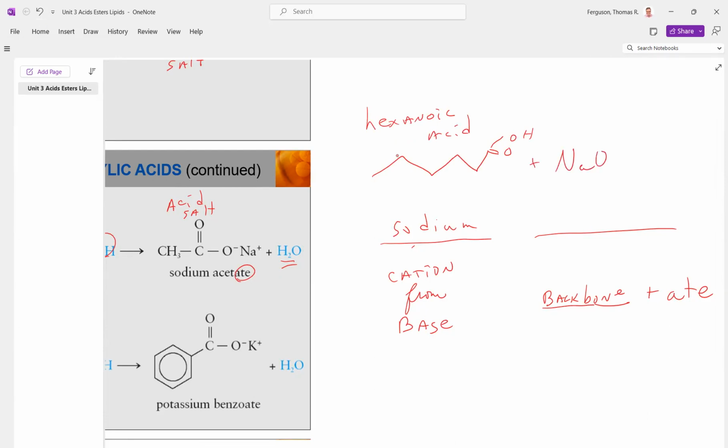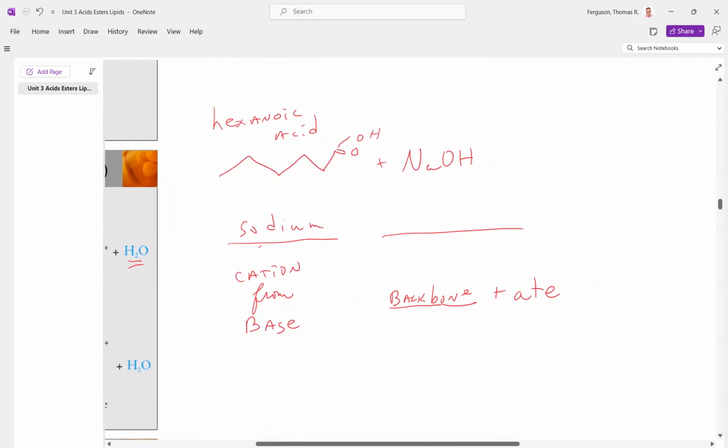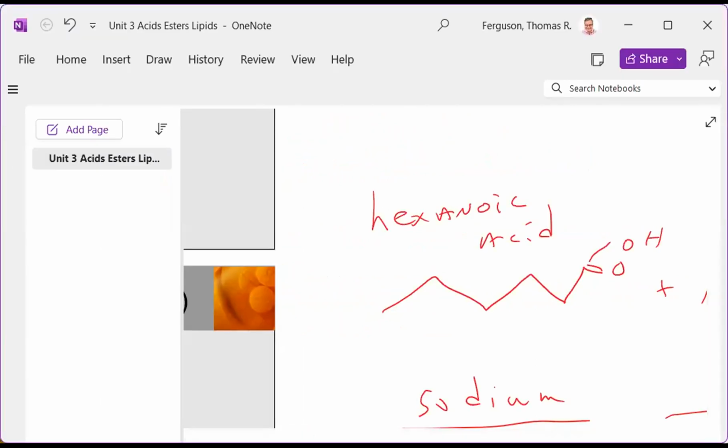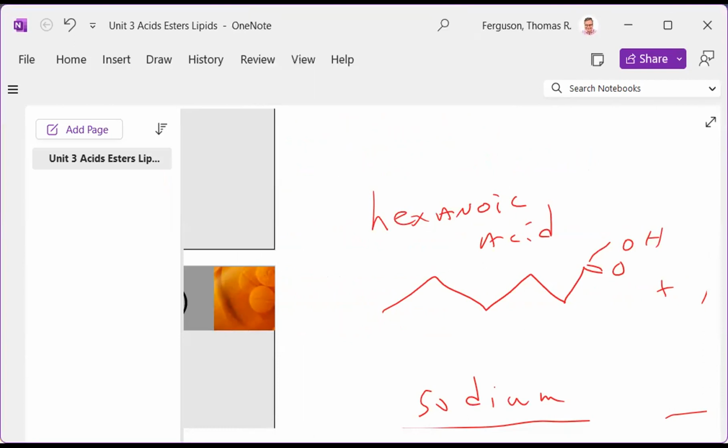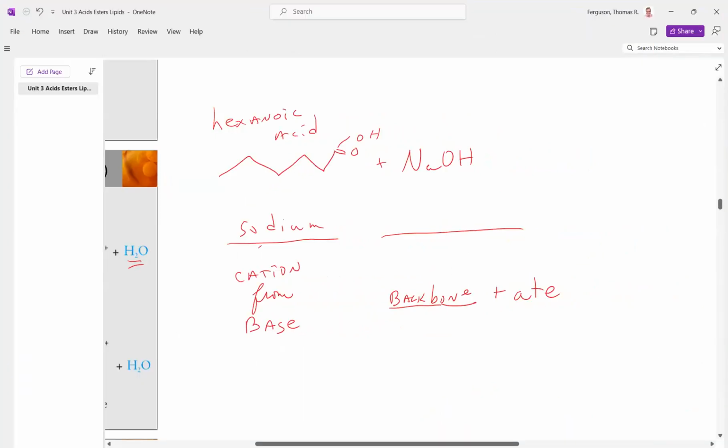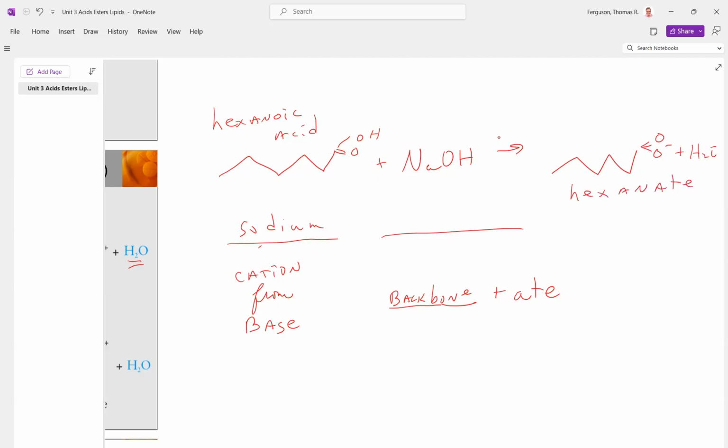If we added a strong base like sodium hydroxide, we end up with water. And this would be sodium hexanoate.